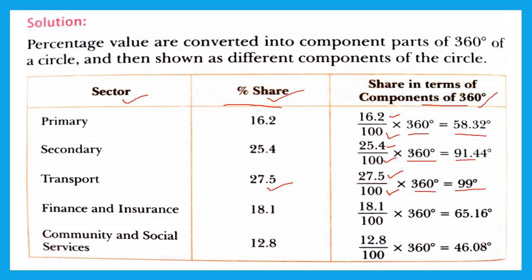Then for finance and insurance, the percentage share was 18.1. 18.1 divided by total percentage 100 into 360 degrees gives you 65.16 degrees. And for community and social services, the percentage share was 12.8. 12.8 divided by total percentage 100 into 360 degrees gives you 46.08 degrees.